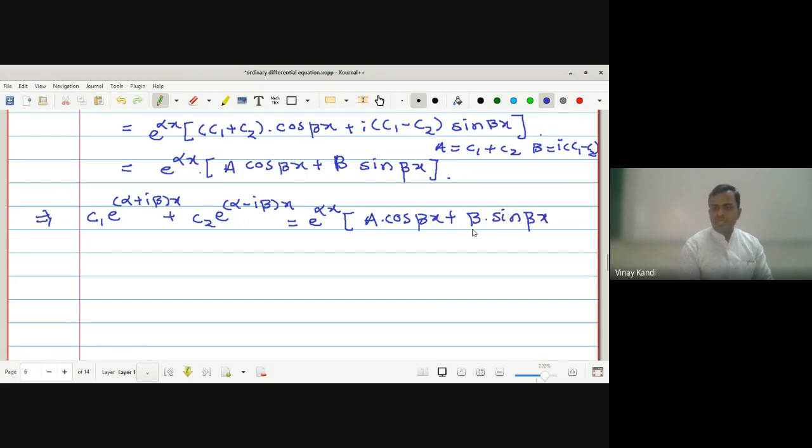Okay, this one is B and this one is beta. But we know that the linear combination of these two is the solution. Hence, this is the solution. It means that e raised to alpha x into A cos beta x plus B sin beta x is again the solution.